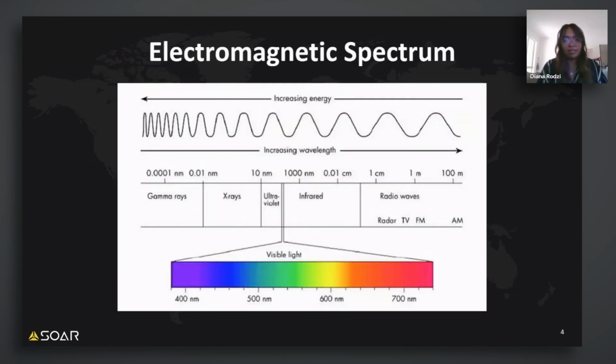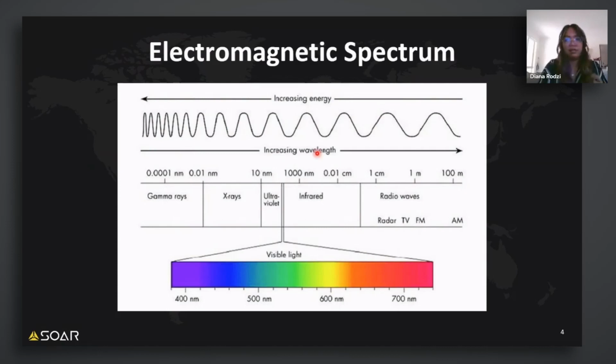Electromagnetic radiation is radiation within the electromagnetic spectrum. Within this spectrum, you've got gamma rays, X-rays, and the visible light spectrum, which is the light that we're able to see with our eyes.